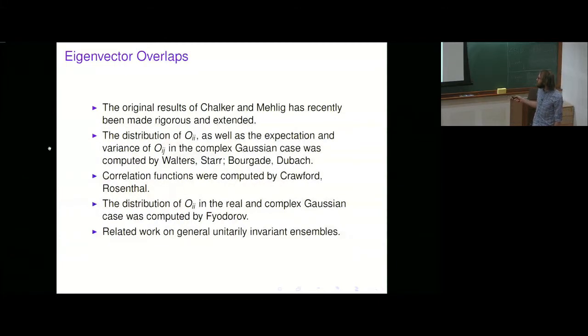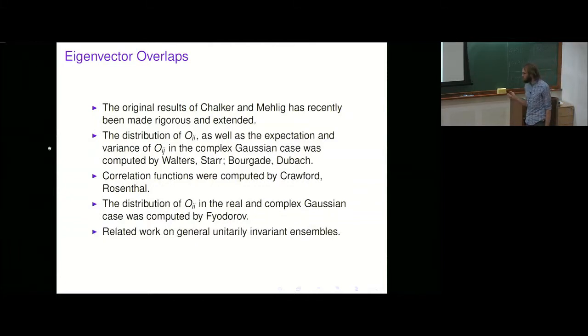And then the work here was extended to correlation functions, so you can take multiple eigenvalues at the same time, and this was studied by Crawford and Rosenthal. And this was all done just in the complex Gaussian case. So sort of no universality has been established. It's very important that we start with complex Gaussian things. And then the only work beyond the complex Gaussian case was the real Gaussian case, where Fyodorov computed the distribution of the diagonal overlaps in both the real and complex case.